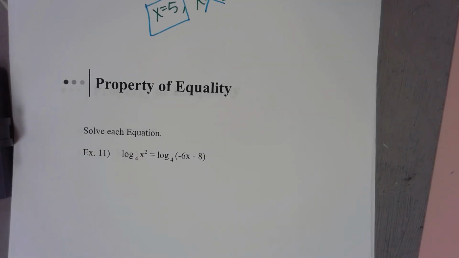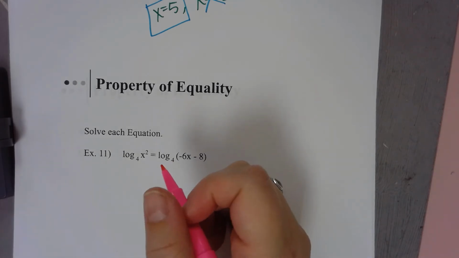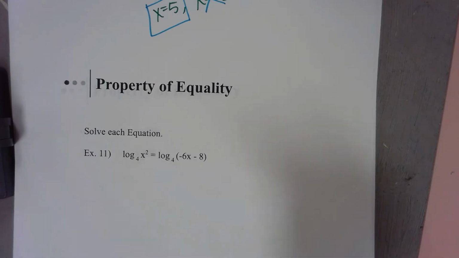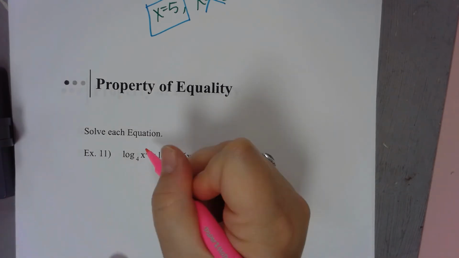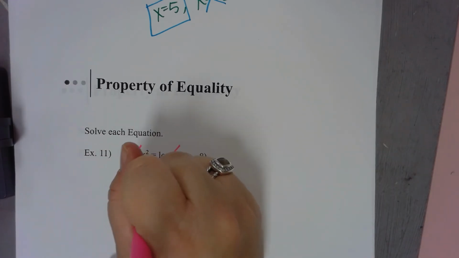Alright, solve each equation. Example 11 has log base 4 of x squared equals log base 4 of -6x minus 8. And so here we're going to drop our logs and set our arguments equal to each other.